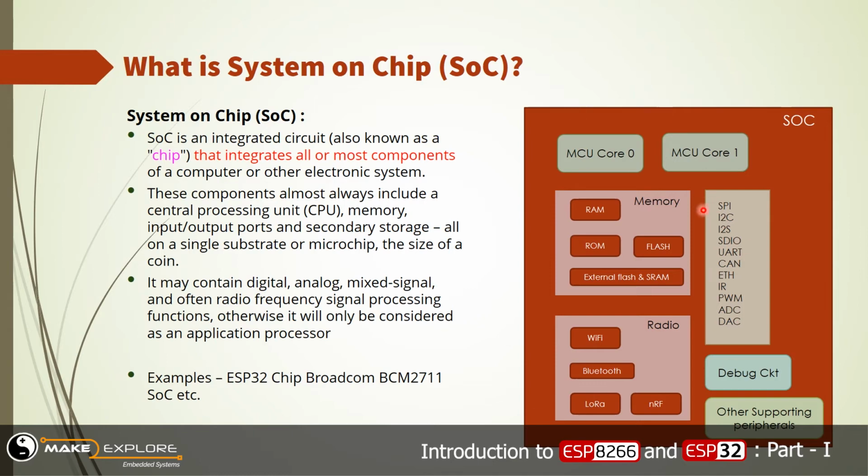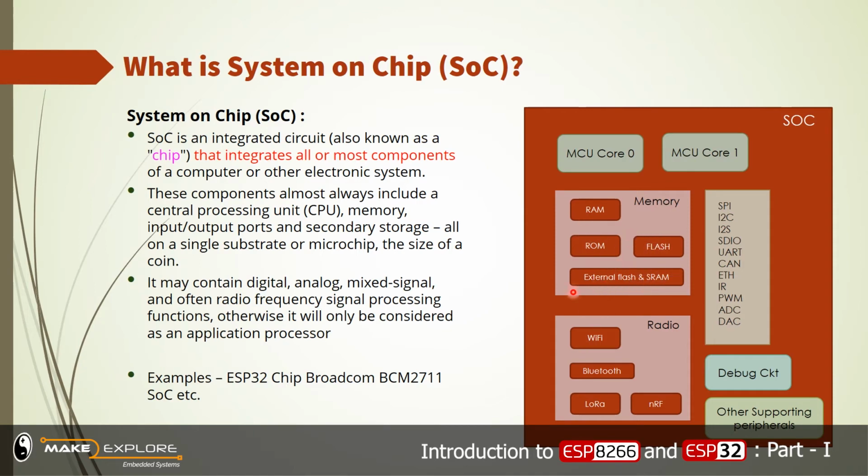So this is a generalized block diagram of SoC, which has 2 MCU cores. It is just an example for learning purpose. It has a memory unit, which has RAM, ROM, flash, and external flash and RAM.